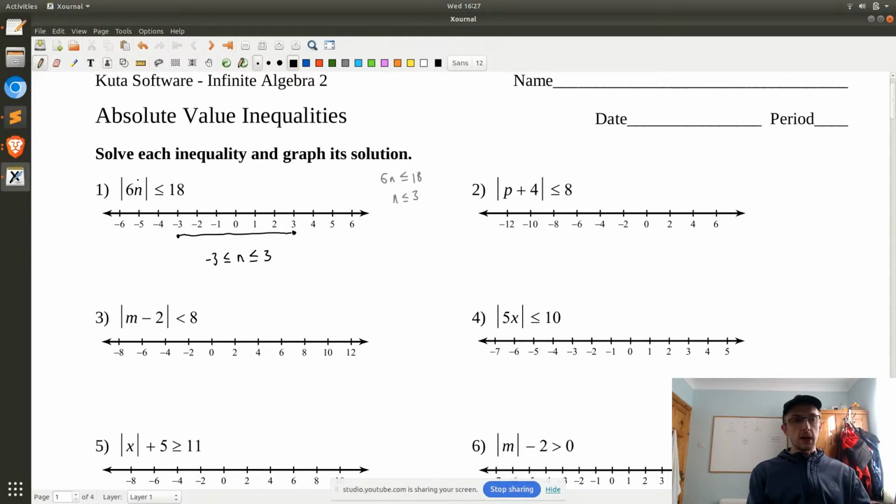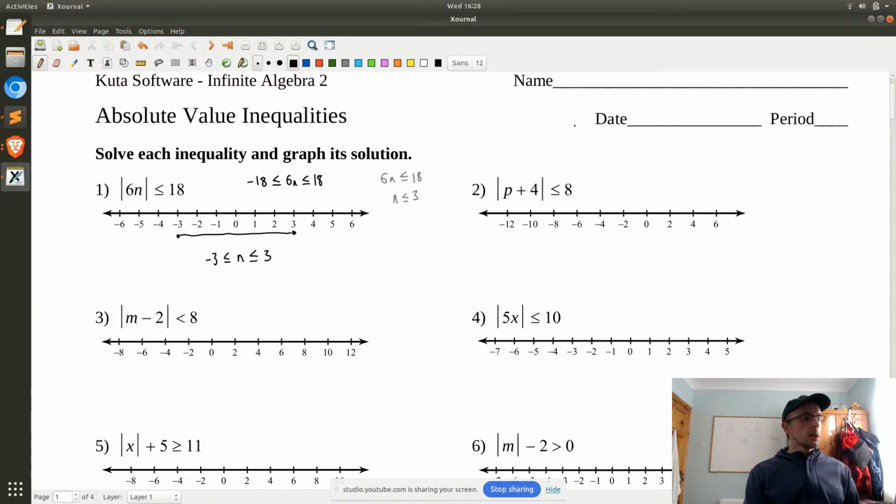The way to think about it is, in this case, that we want to know when something is less than or equal to 18 in its overall size. Then divide both sides by 3, and we get the answer.